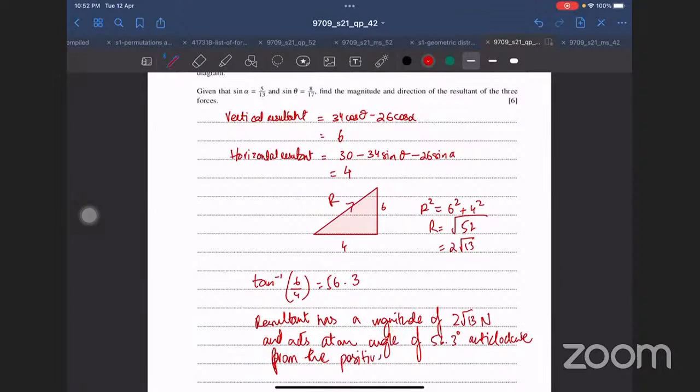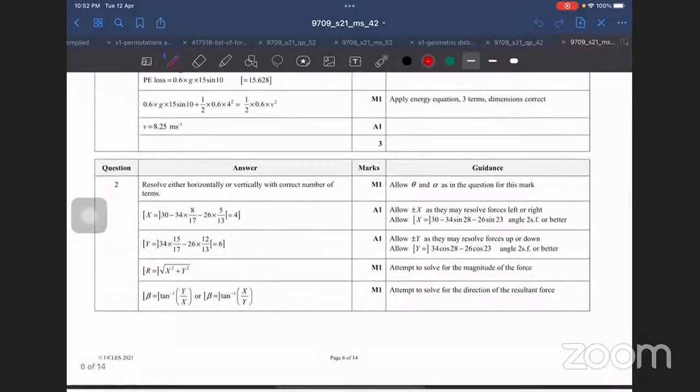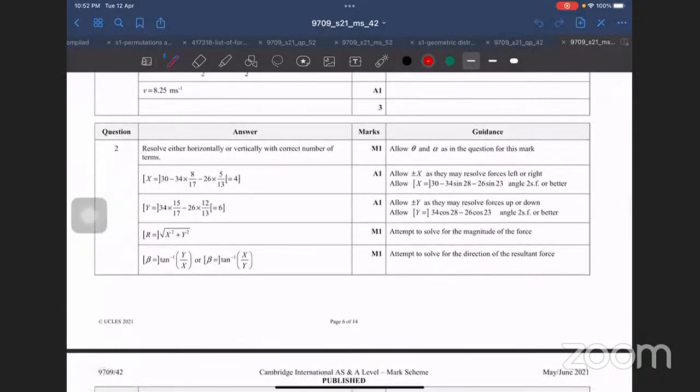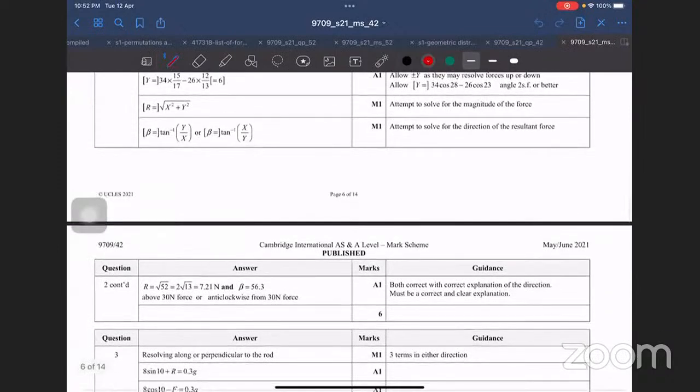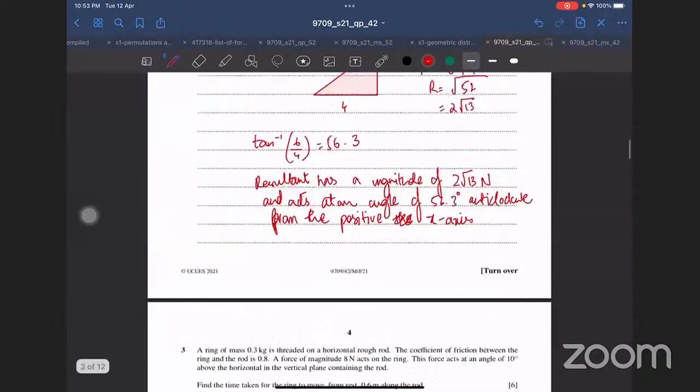It's important to describe the direction appropriately. Okay, let's see if our answer is correct. Okay, the answers are correct.